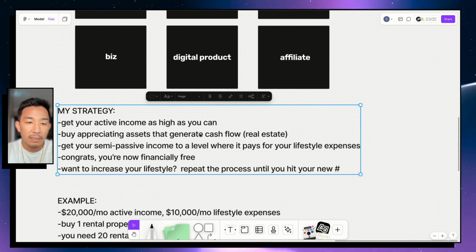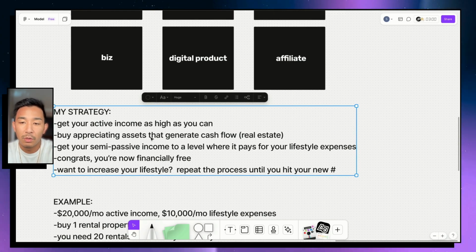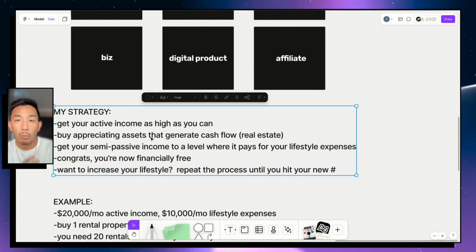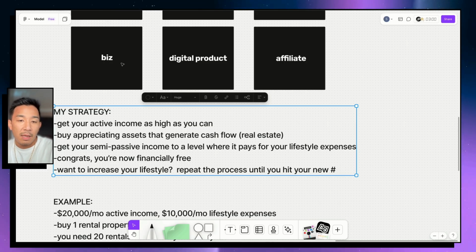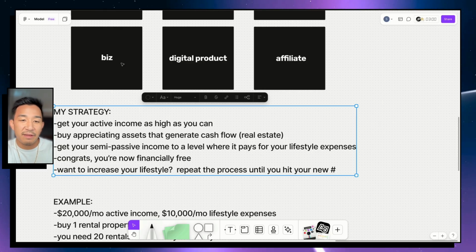Then you want to get your semi-passive income to a level where it pays for your lifestyle expenses. That's financial freedom, when working a job, when working active income, is optional. So we buy appreciating assets, and that's going to generate enough cash flow eventually to pay for your lifestyle.